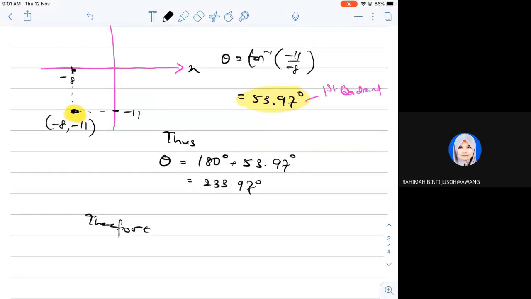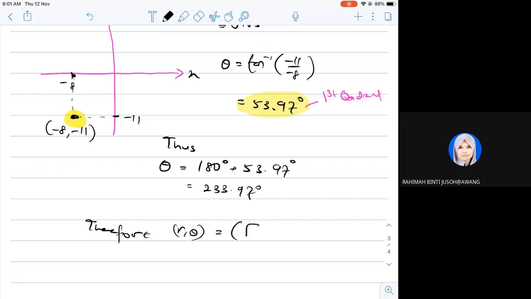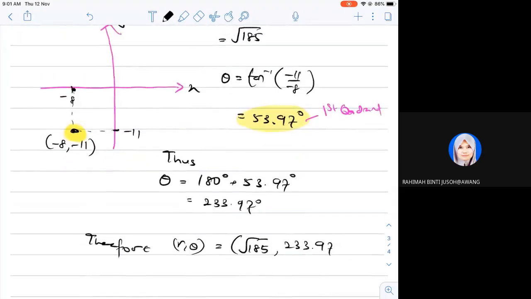So therefore, the answer of r, theta is the square root of 185, and 233.97. So this is the answer for this point.